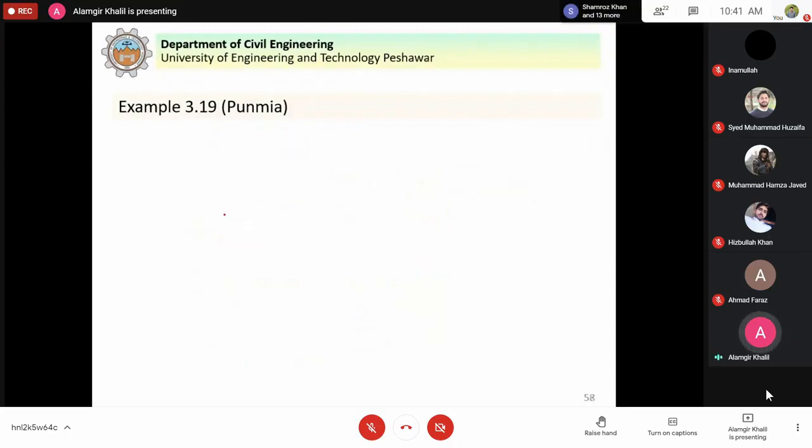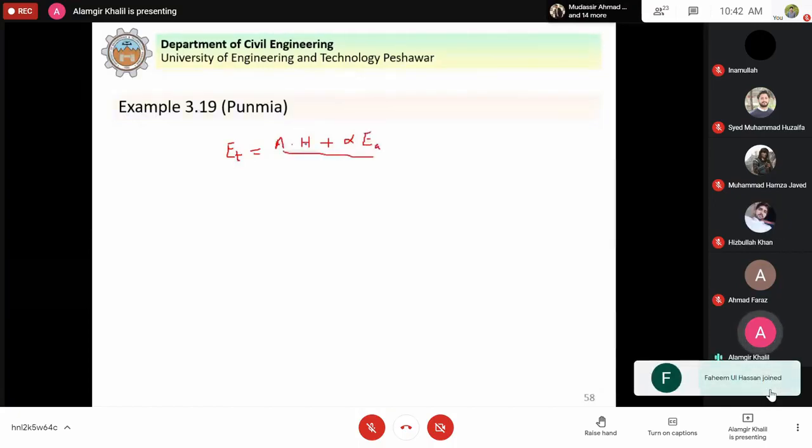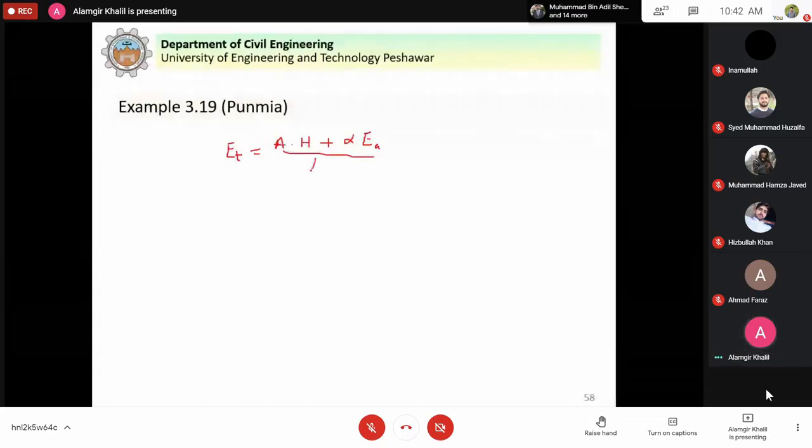Now in the equation, evapotranspiration ET is equal to A into H plus alpha into EA, divided by A plus alpha. We have calculated all the values. So in this formula we can put the values.